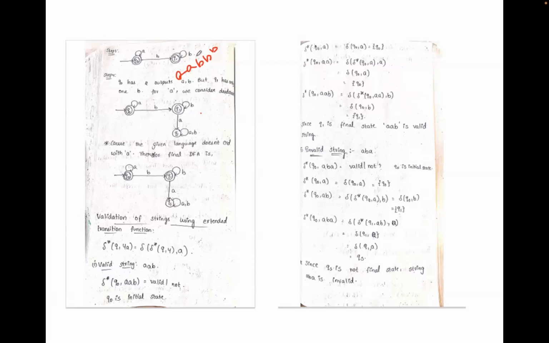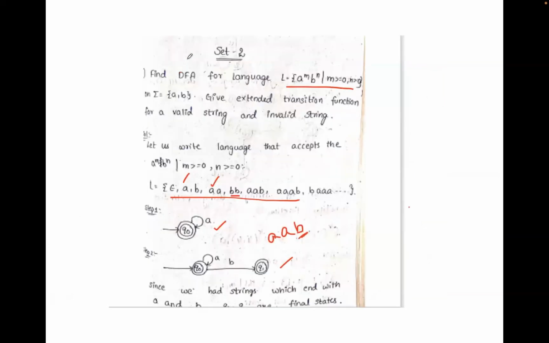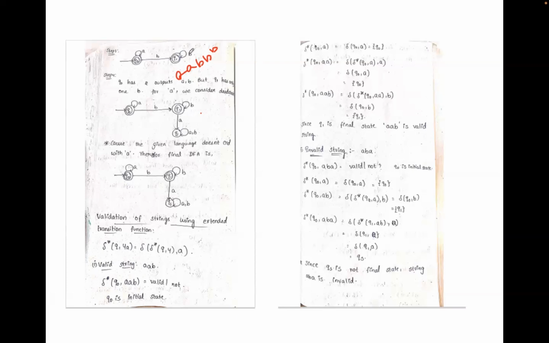Say, for example, if you take A comma B on Q1, then the string could end with A also. But according to the given condition, the string should end only with B, so we can't place A here.